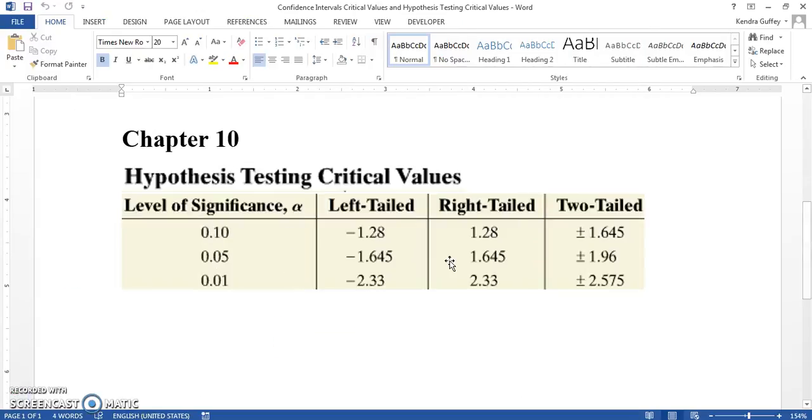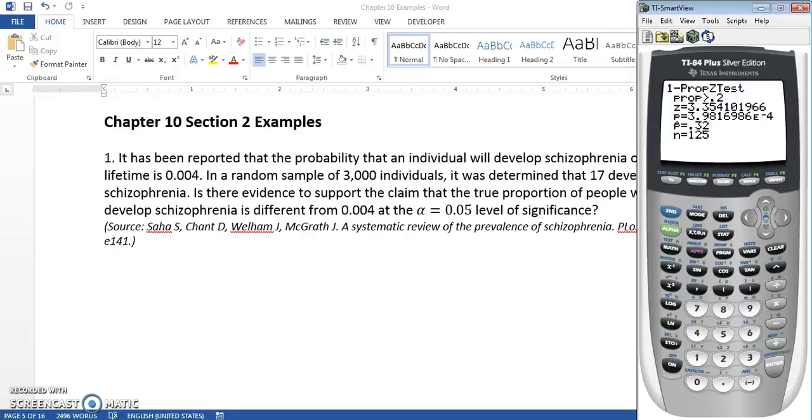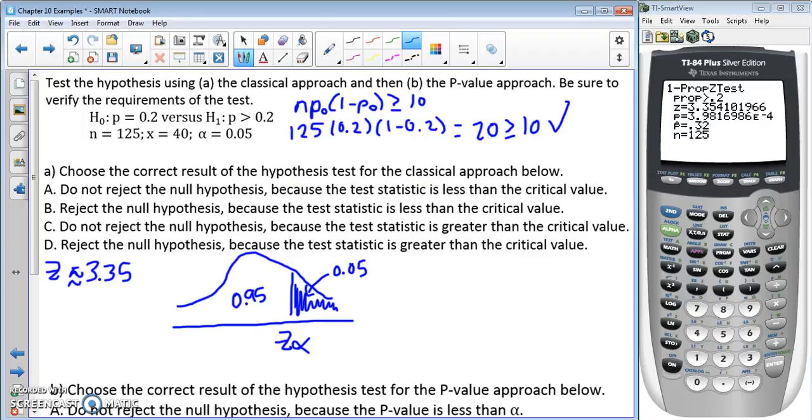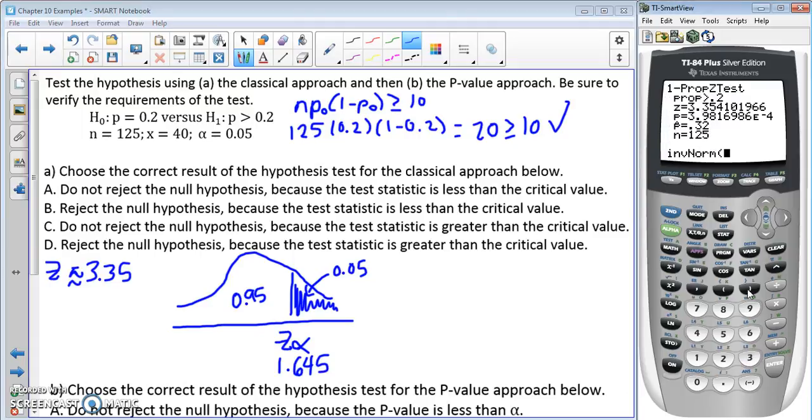So 0.05, right-tailed is 1.645. We can test this in the calculator. Second, bar is 3, and then 0.95, comma 0, comma 1, and there's that value of 1.645.